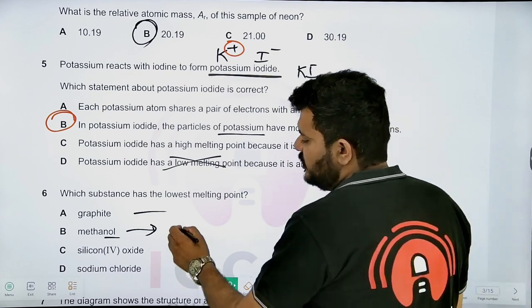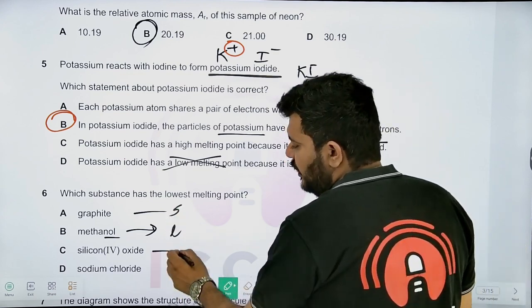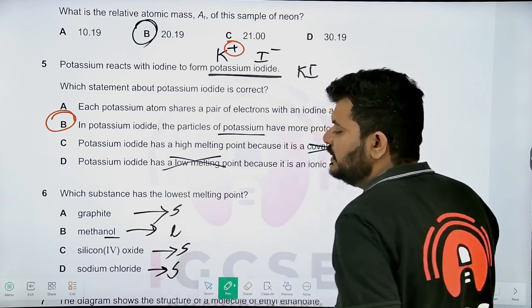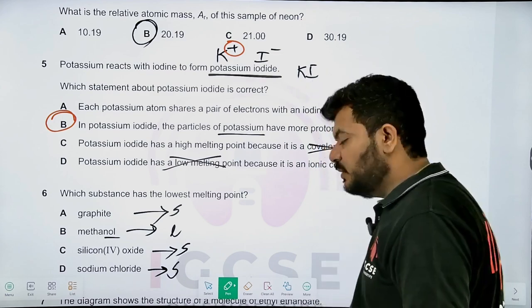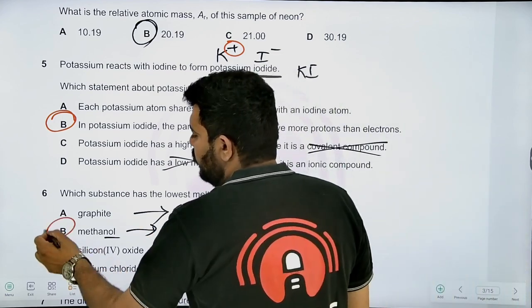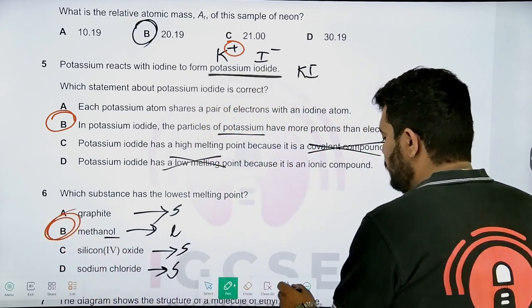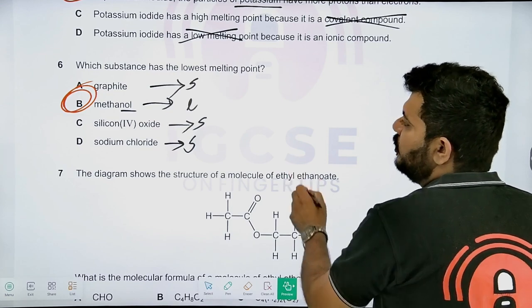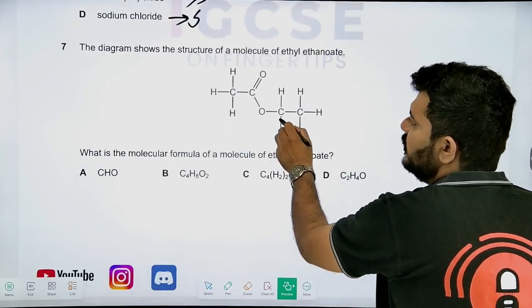So this is liquid, this is, we know, solid. This is also a giant molecular structure, so solid. This is also a giant structure, but ionic, so solid. And therefore methanol is the only one that has a simple covalent structure. So methanol will be your answer over here.